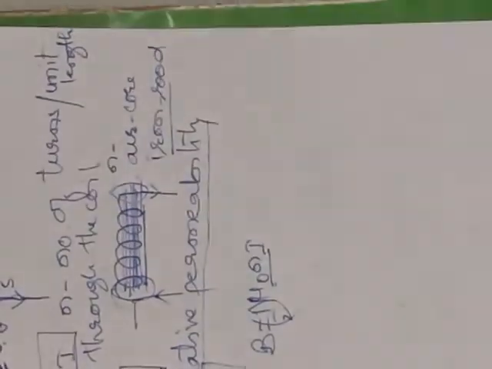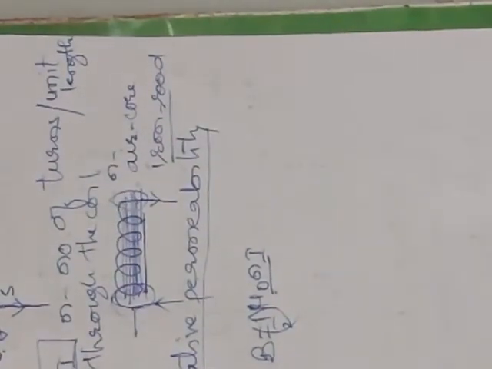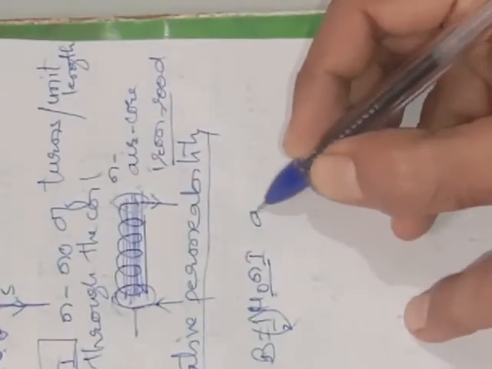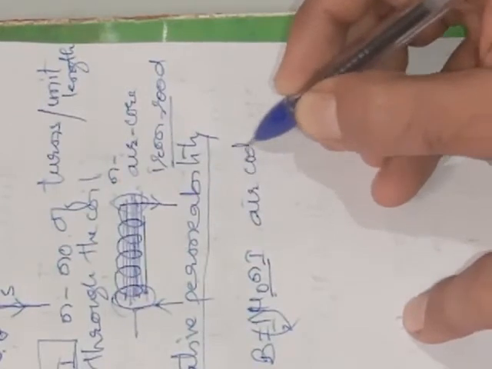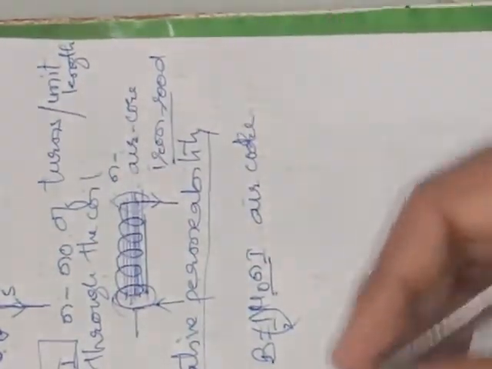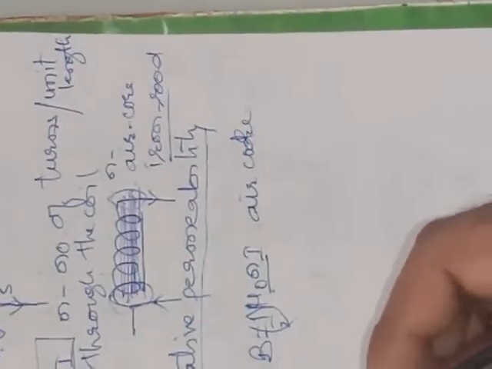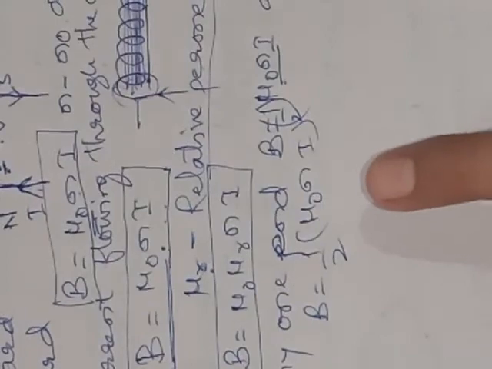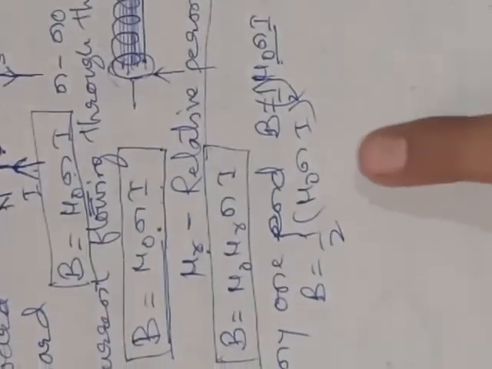So what is the magnetic field near the ends of the solenoid when it is an air core? It is given by B is equal to half of mu naught N I. This is for one end of this coil.